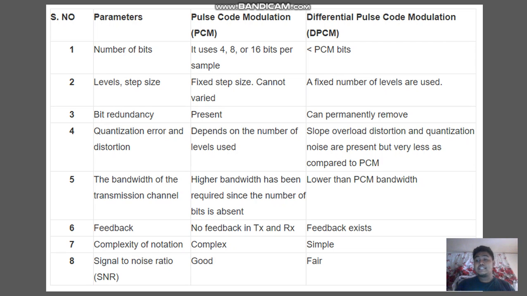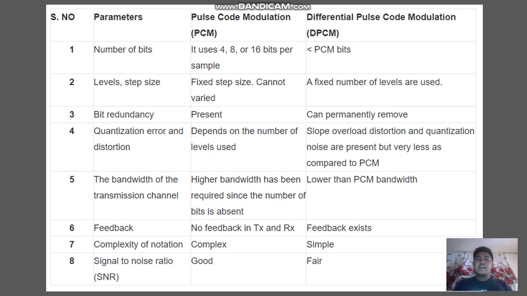Here are the differences between PCM and DPCM. In number of bits, PCM uses 8 or 16 bits per sample, while DPCM uses fewer bits than PCM. In levels and step size, PCM has a fixed step size that cannot vary, while DPCM uses a fixed number of levels.